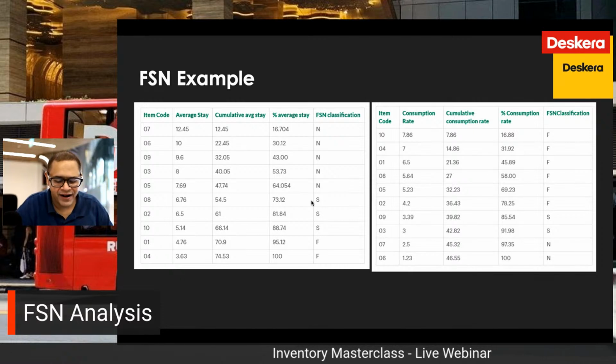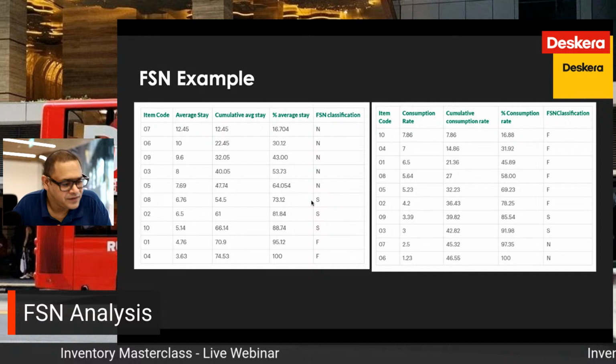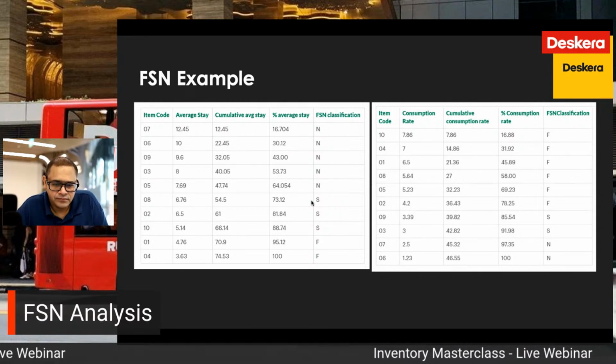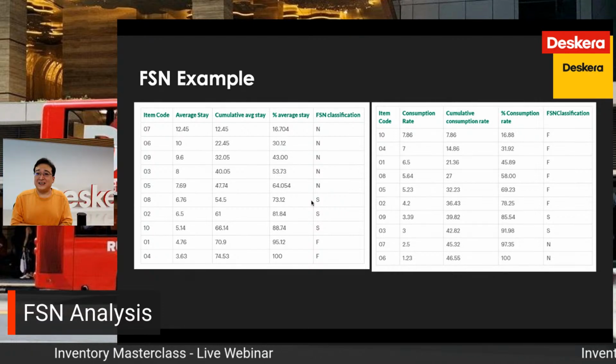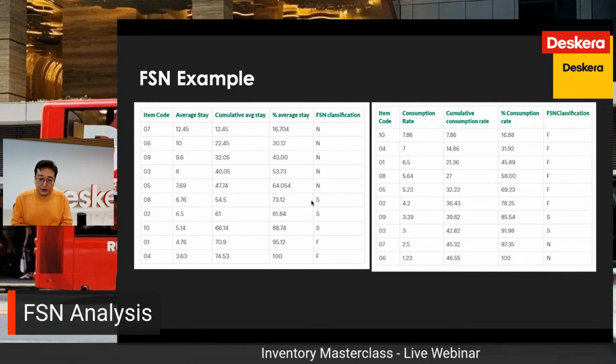Now, David, when you look at this, what are your first few observations? Item code 7 has an average stay of 12.45. So it looks like it's staying a lot, it's not moving very quickly. So I can easily see which ones are my slow moving and fast moving here. Like item 4, only 3.63.